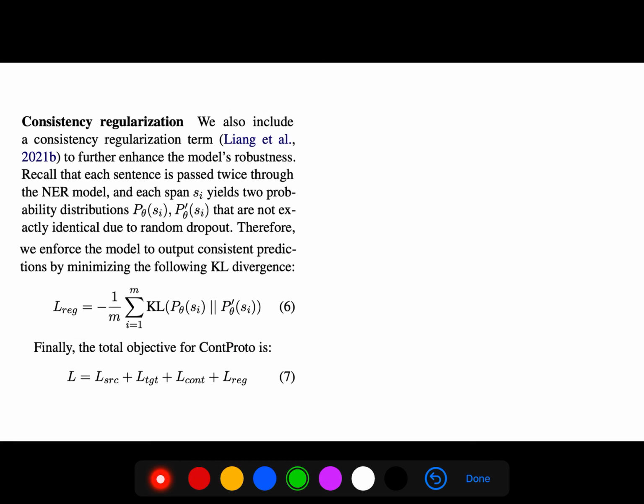We also include a consistency regularization term to further enhance the model's robustness. So this is the KL. We want to minimize KL divergence between p theta and p prime theta.